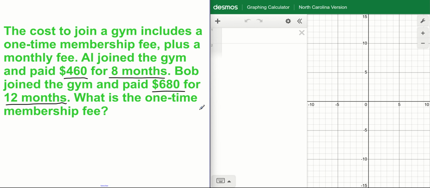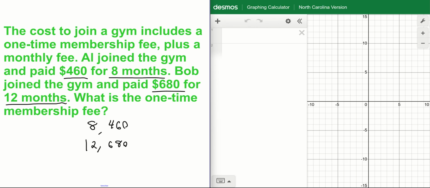So the first thing we still need to do is get our ordered pairs. If we got time and money, X is going to be the time, Y is going to be the money. So for Al, we have 8 months, $460. Bob, we got 12 months, $680.